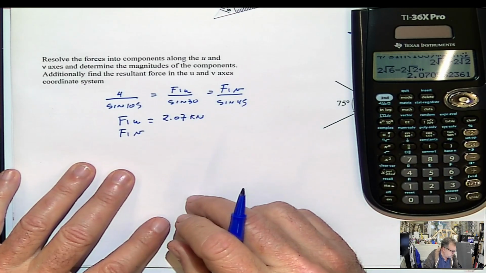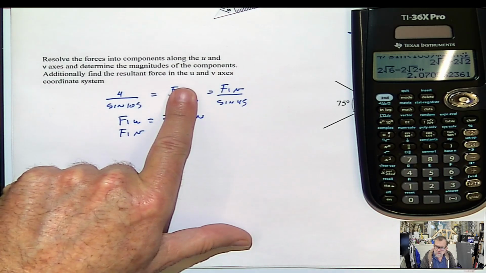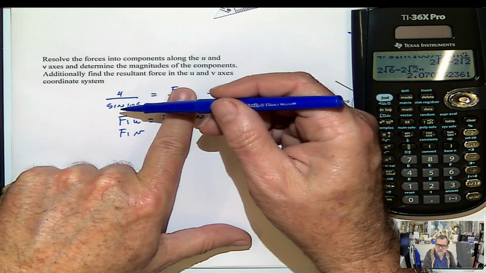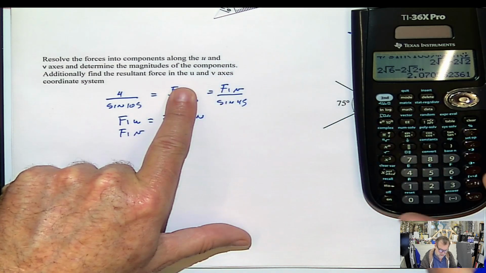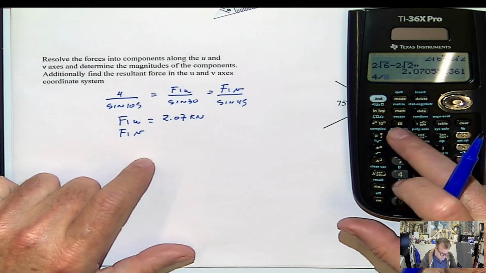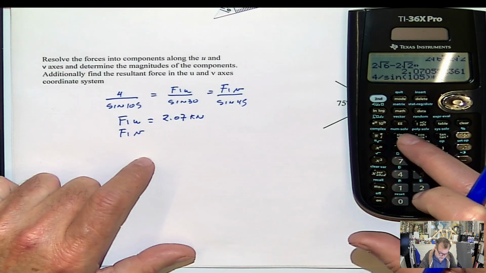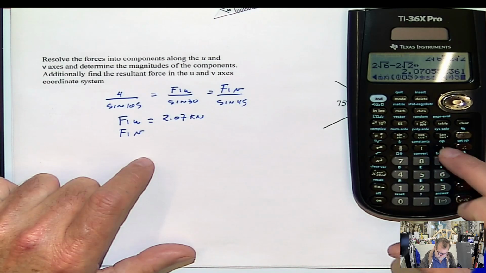Now, if I use the other one, it's going to be 4 divided by sine of 105 multiplied by sine of 45. So 4 divided by sine of 105 multiplied by sine of 45.